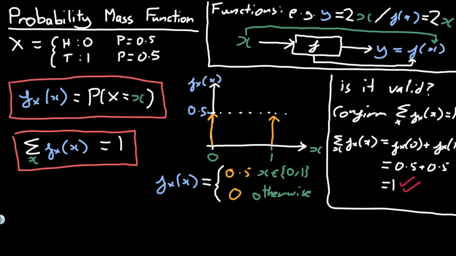And an even more concise way of writing this would be as follows. So we could even say this is equal to p to the x times 1 minus p to the 1 minus x.